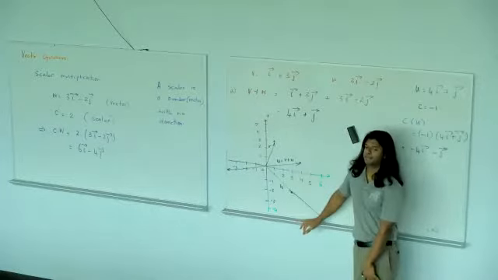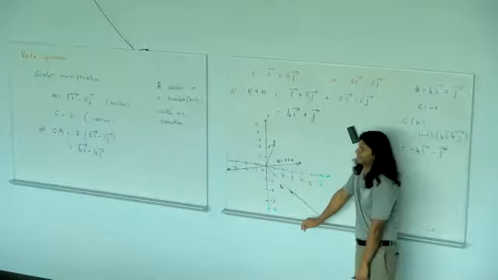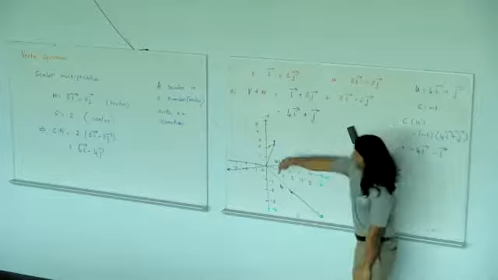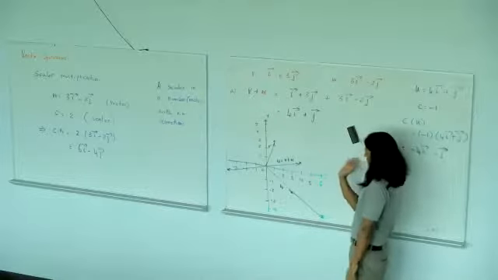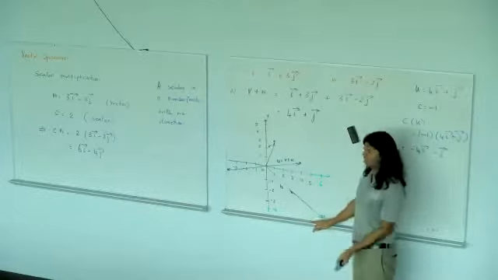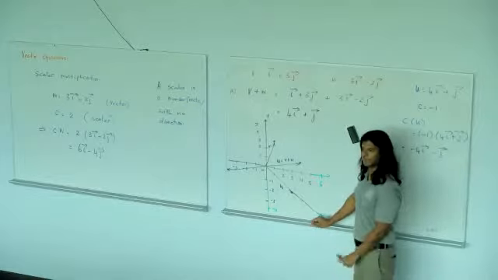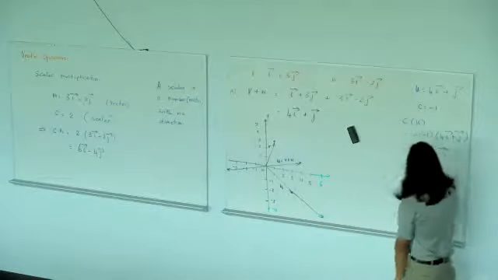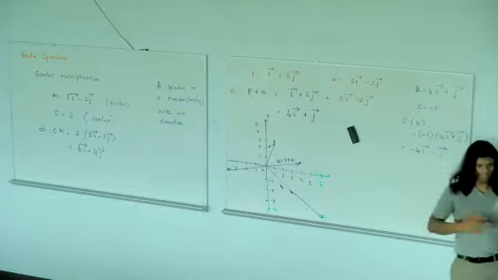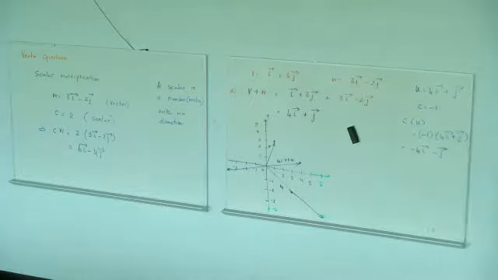Oh, something else happened. It went to the other side, in other words, it flipped and changed direction. So anytime you multiply by a negative scalar, you are going to change the direction of the vector. Good. Okay.